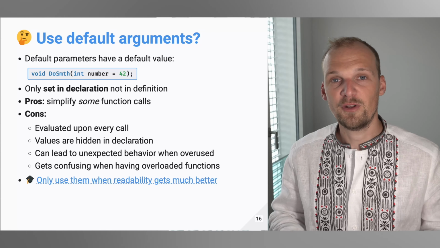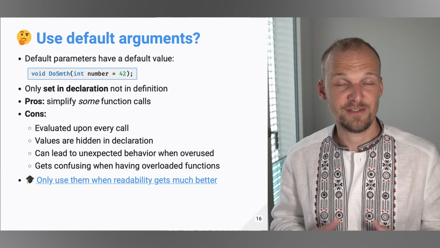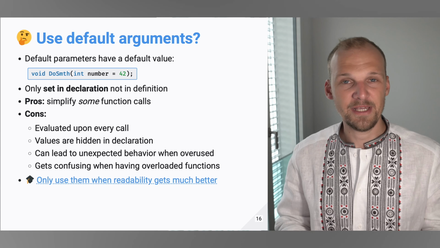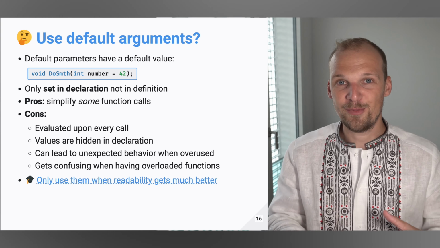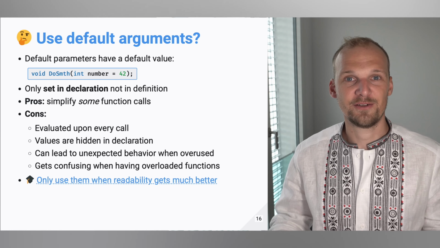Again, it kind of reflects back on the functions that should have a very good name and should tell exactly what they're doing. So if you follow that rule, then this one you will automatically follow too. One final thing to cover with the functions is the default arguments. It might seem like a good idea to be able to set certain arguments to a default state.